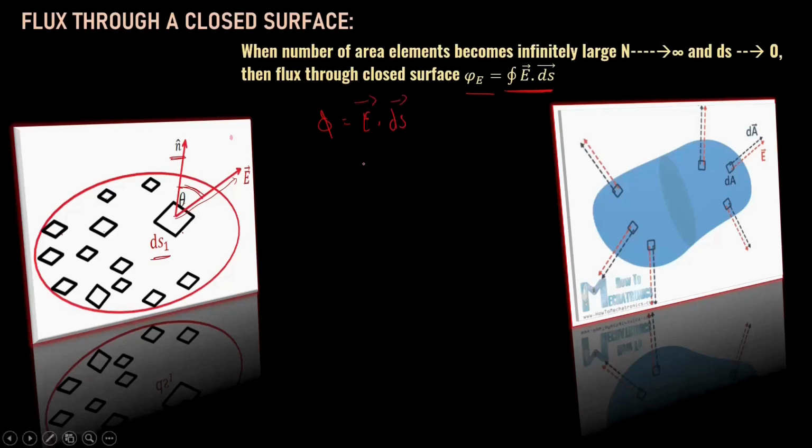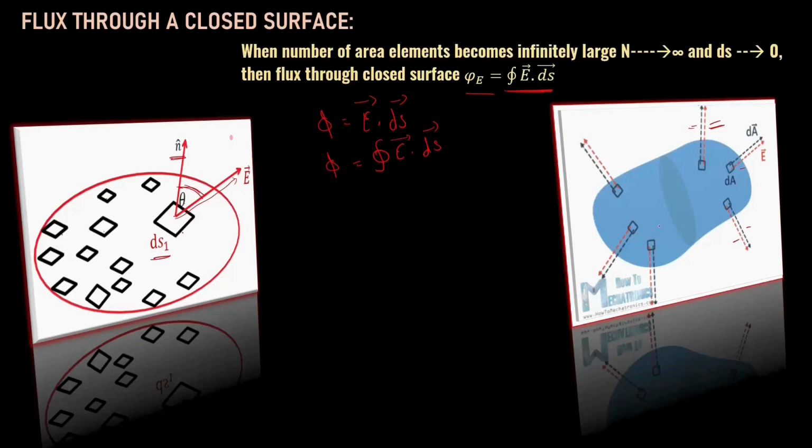But when we are dealing with the closed surface, the formula for the flux will become the integration of E dot ds. Here we have to sum up the E dot ds product for the entire surface elements. Now see here, for this closed figure, each area element and its normal vector have been shown like that.